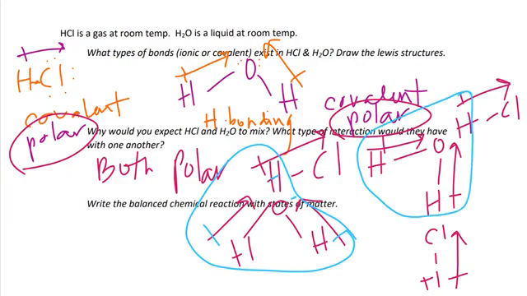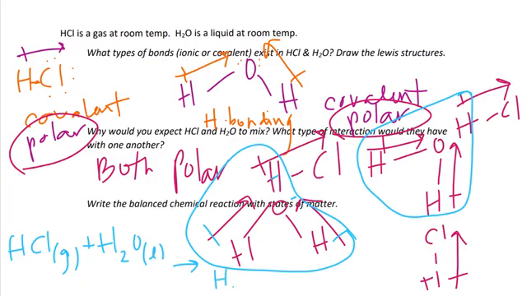So when we write this balanced equation, I'm going to have HCl as a gas plus H2O as a liquid. And what's going to happen here is this water is going to grab that extra hydrogen.